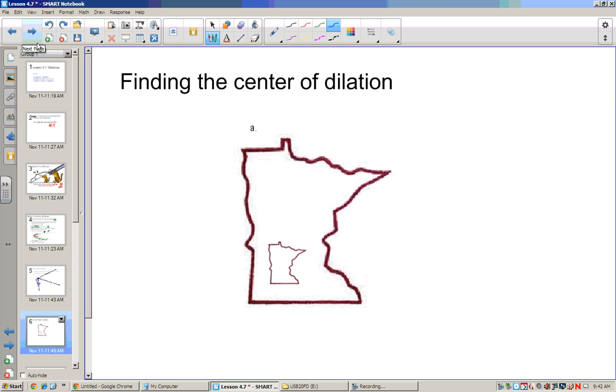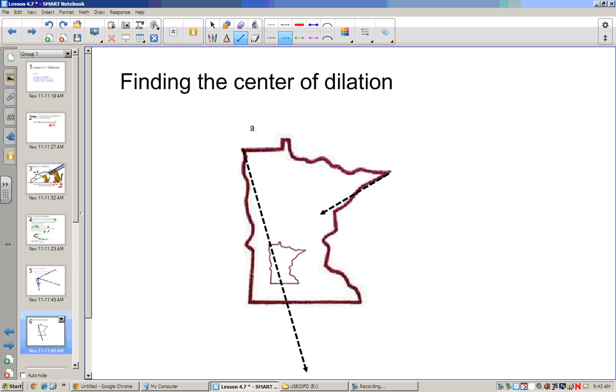All right, now we're going to move to finding the center of dilation. So if I start at a corner and I go through the same corner down here in my dilation, we just draw it all the way through.